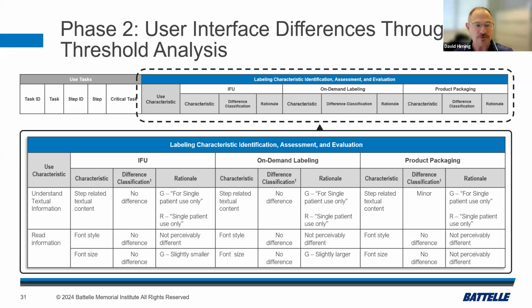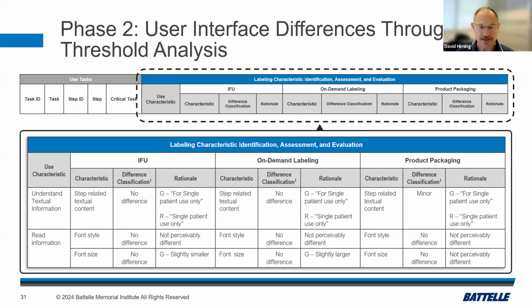And then as you move across, it evaluates and assesses the IFU between the generic and the RLD, any on-demand labeling or additional labeling, and the product packaging, both between the generic and the RLD.